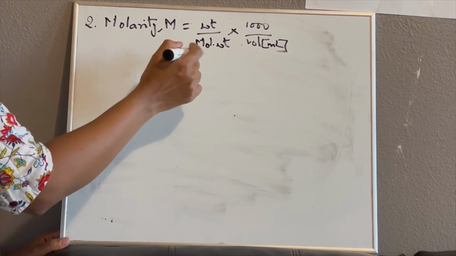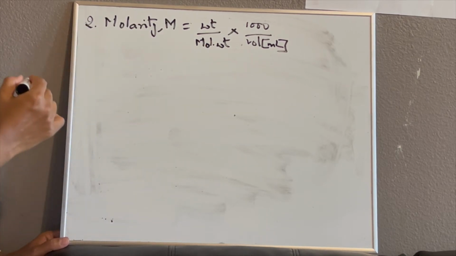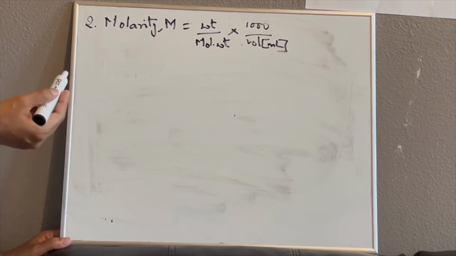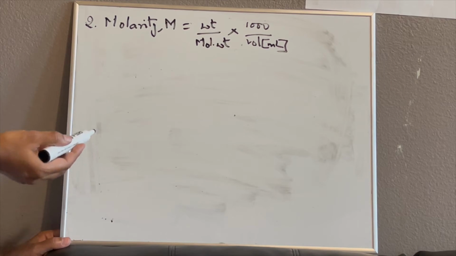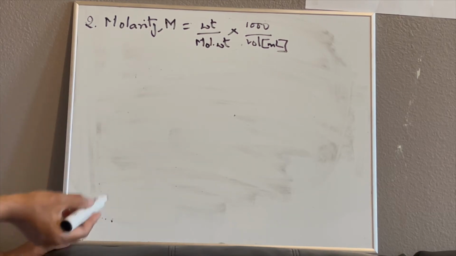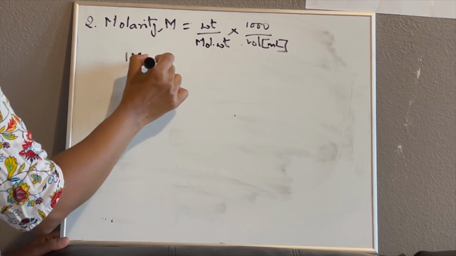One more very important thing: when you're calculating the molarity of any biological compounds, you need to check whether it is a D form or L form, or anhydrous form or hydrated form.